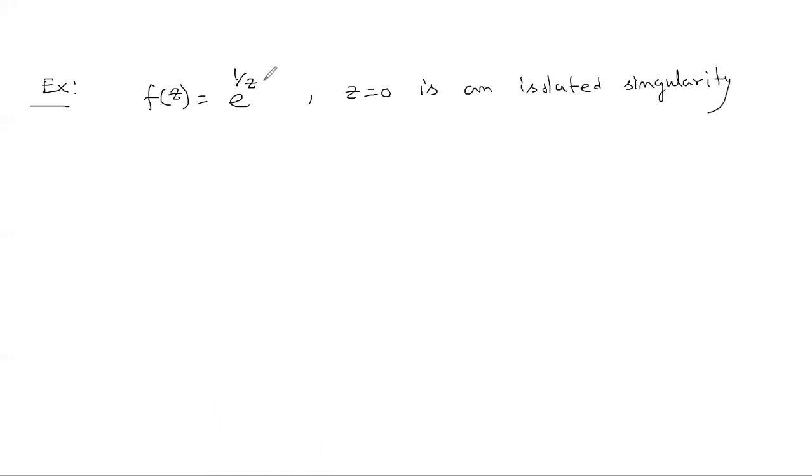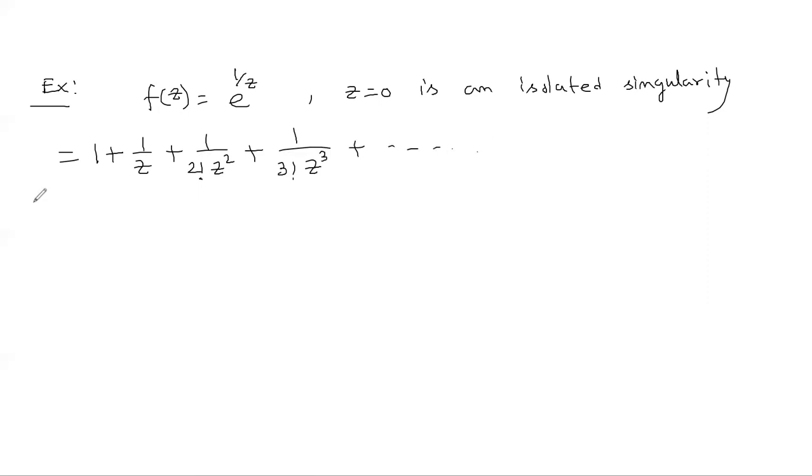Next, let us take f(z) equal to e power 1 by z. So here z equal to 0 is an isolated singularity. Now if we expand the function, we'll get 1 plus 1 by z plus 1 by (2 factorial into z square) plus 1 by (3 factorial into z cube) and so on.